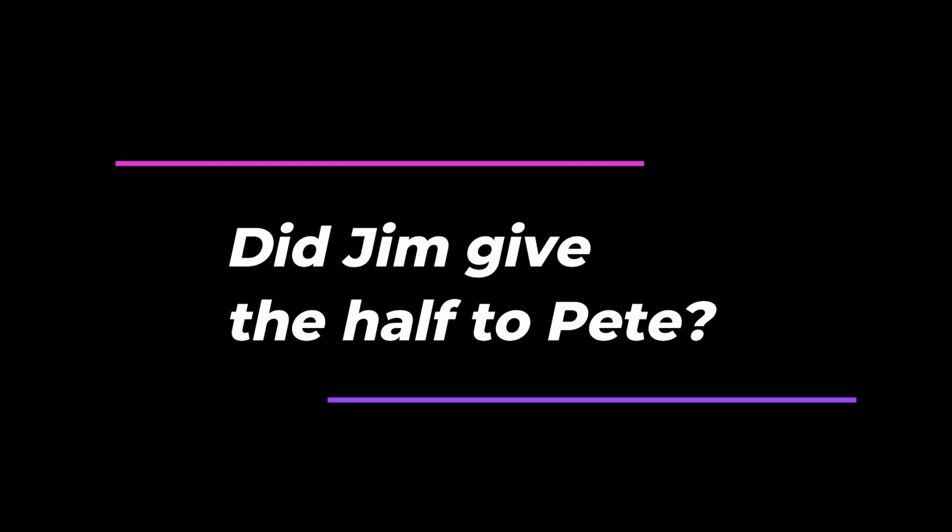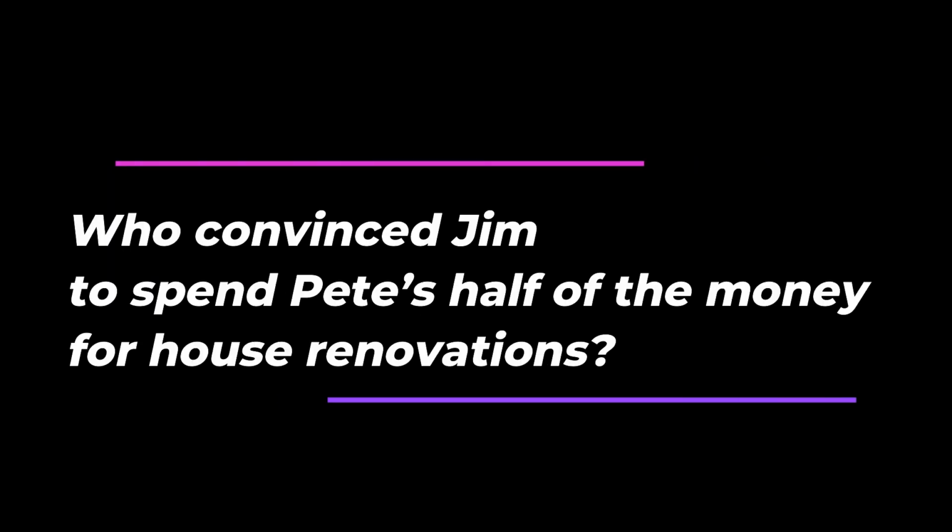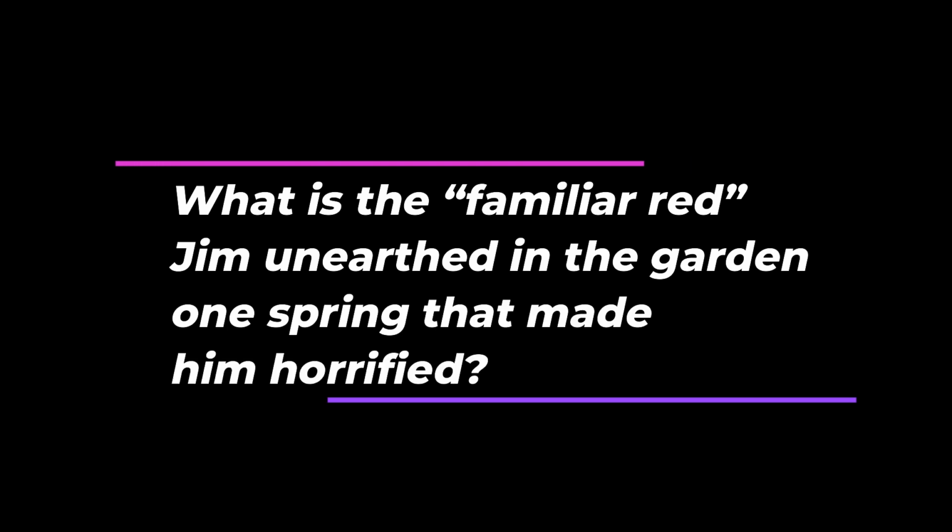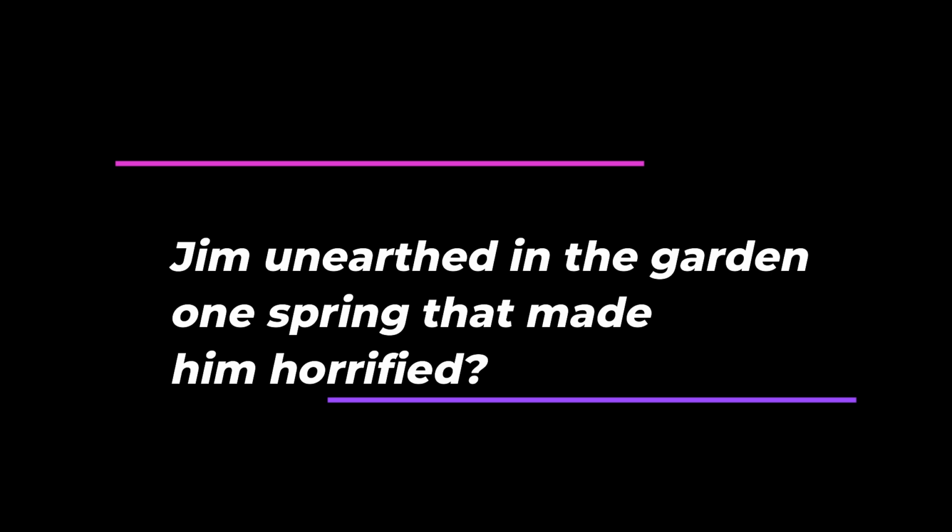Did Jim give the half to Pete? He was supposed to, but Pete went missing after Jim won the lottery. Who convinced him to spend Pete's half of the money for house renovations? It is his wife. What is the familiar red Jim unearthed in the garden one spring that made him horrified? It was because he saw the red hat of Pete in their garden.